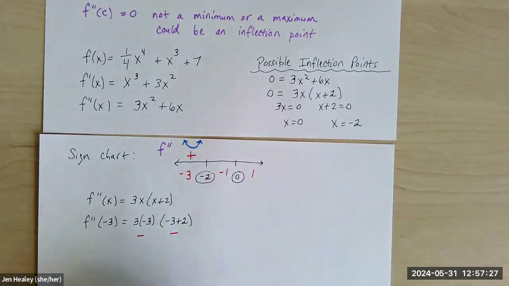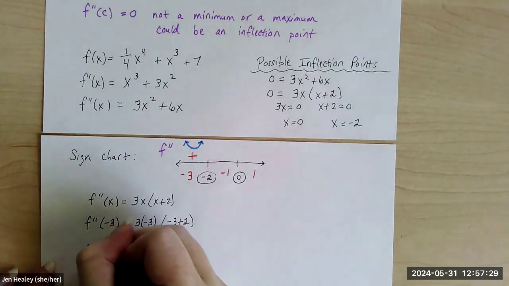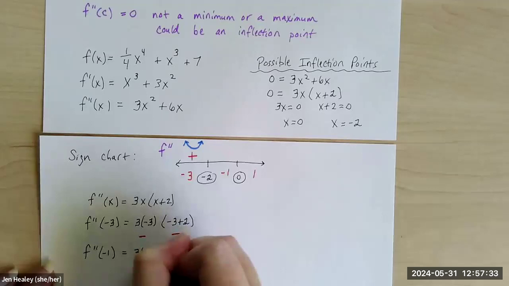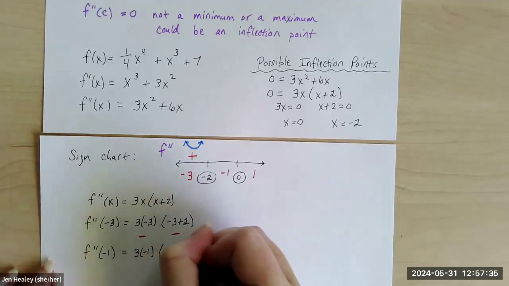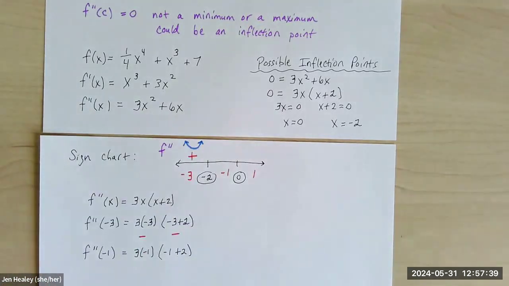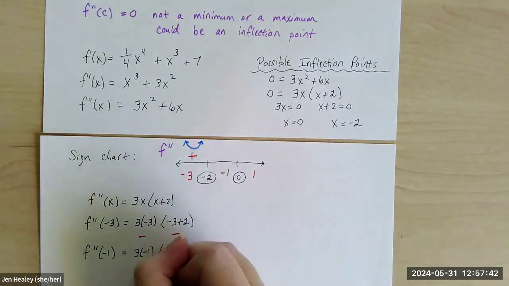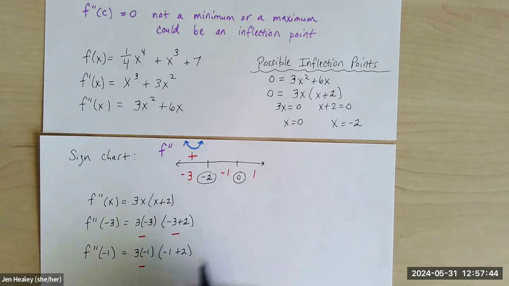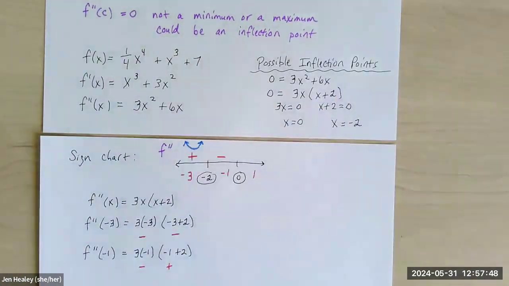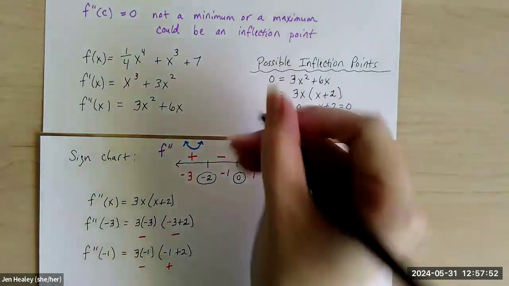And I plug in -1. So we have 3 times -1, and then -1 plus 2. That's going to give us something negative. 3 times -1 is negative, and then -1 plus 2 is positive. Negative times a positive is negative. So we're concave down in this region.